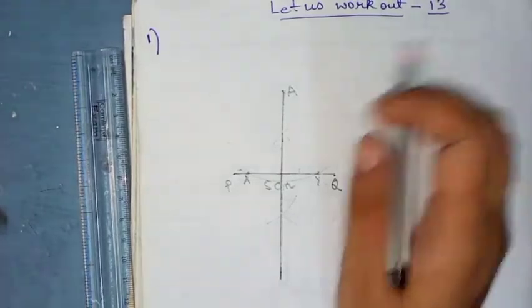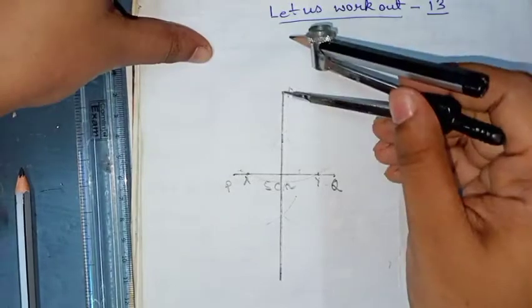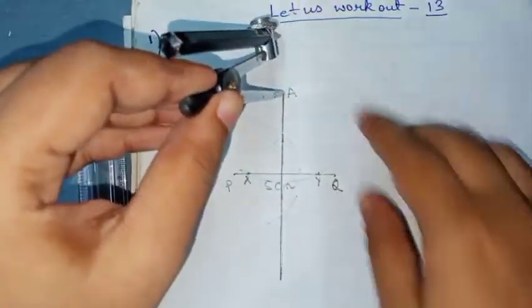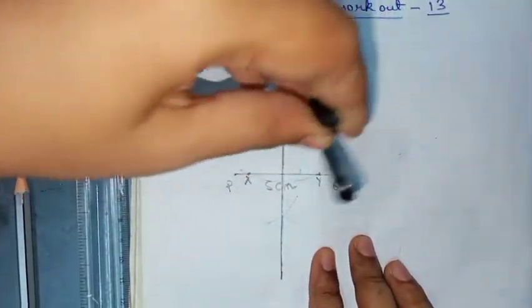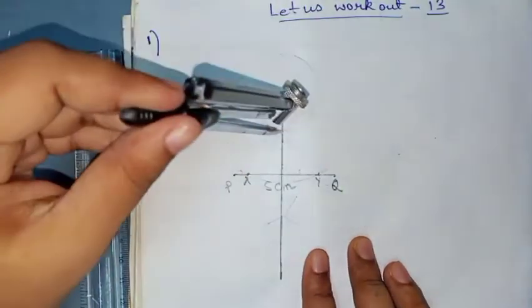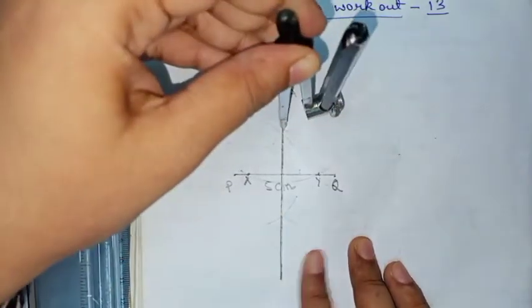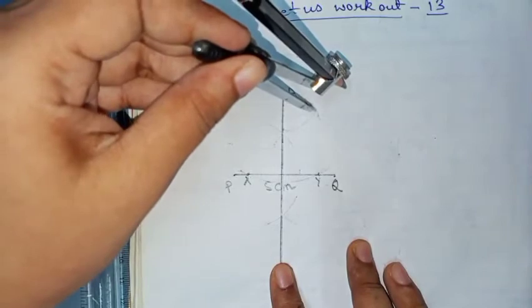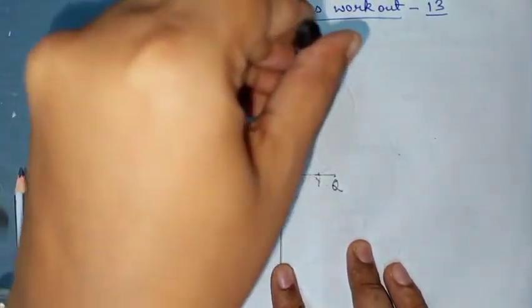Understood up to here? Now from point A we will draw 90 degrees. Now how will we draw 90 degrees? We will keep our compass in this point and we will draw one arc. You know how to draw 90 degrees. Then here, then again we will keep our compass in this point, then up and in this one.